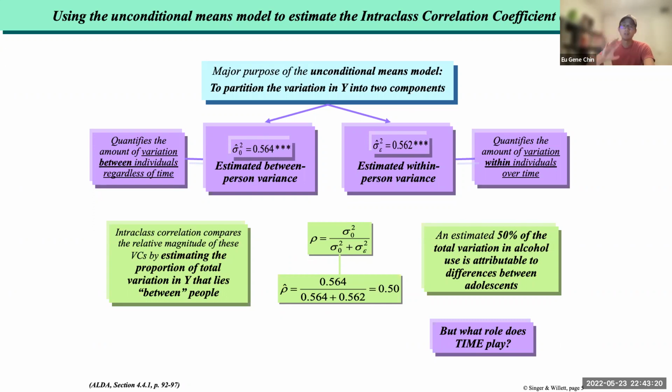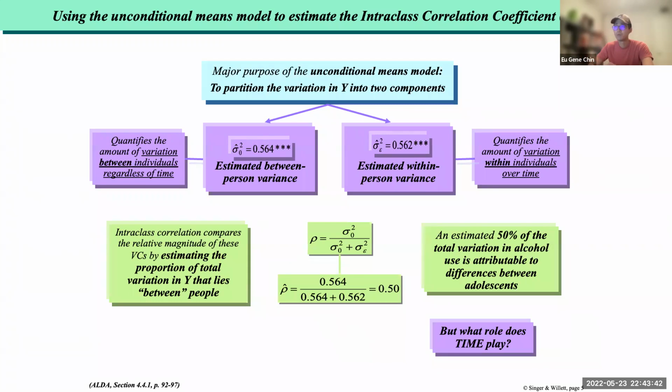In another video, we will add in a few more parameters, including the stochastic components, to figure out how time plays a role in all of this. So far, in the unconditional means model, we have no slope.